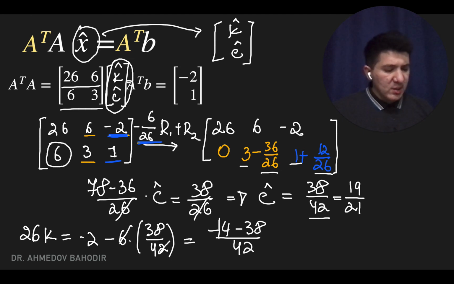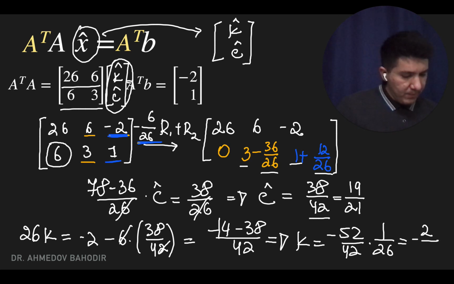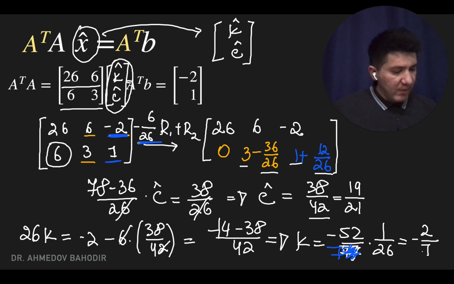Minus 14 minus 38 is going to be 52, by the way. So k is equal to minus 52 over 42 times 1 over 26, which is minus 2 over, not 42 anymore, it should be 7, sorry. It should be 7 there. So minus 2 over 7.